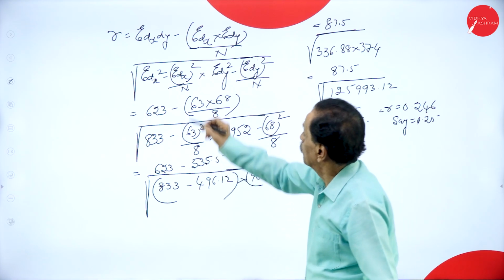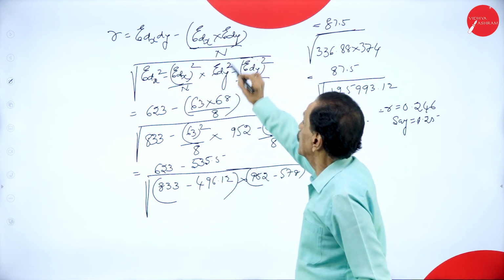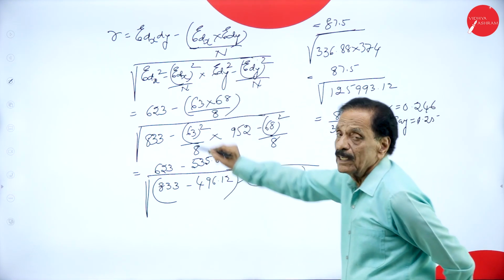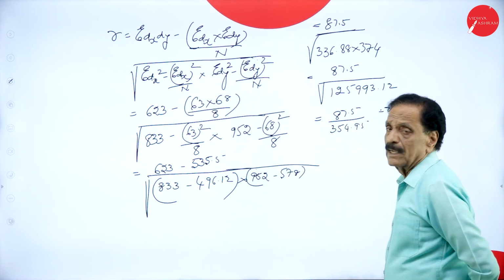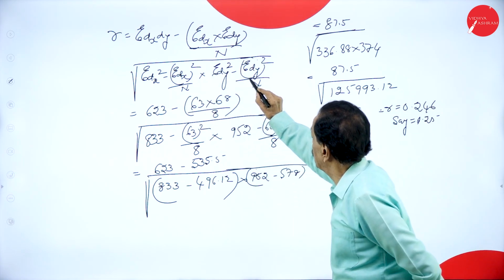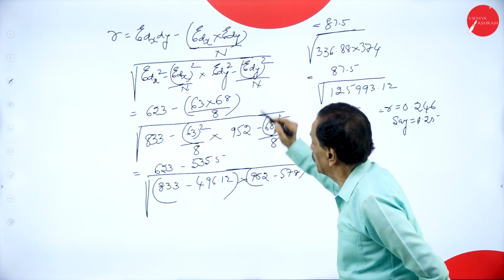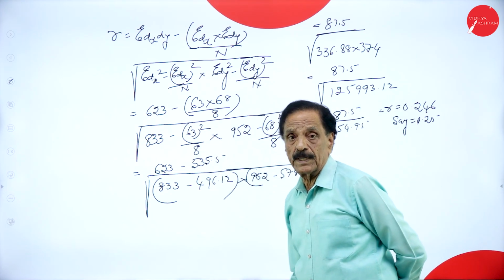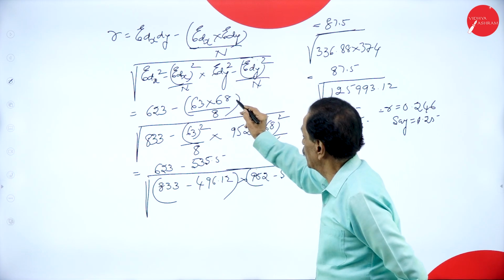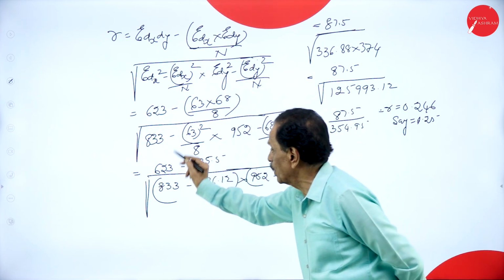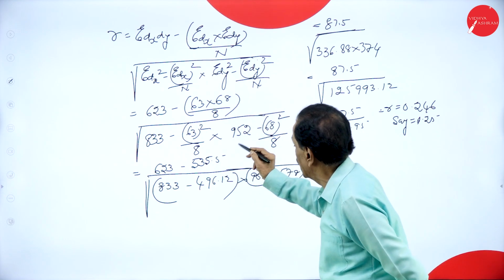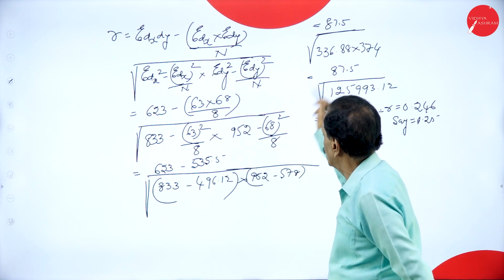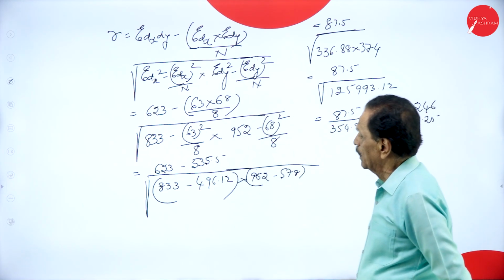0.25. So the formula is sigma dx dy minus sigma dx into sigma dy divided by n, over root of sigma dx square minus sigma dx whole square divided by n, into sigma dy square minus sigma dy whole square divided by n. It is 623 minus 63 into 68 divided by 8, root of 833 minus 63 whole square divided by 8 into 952 minus 68 whole square divided by 8.